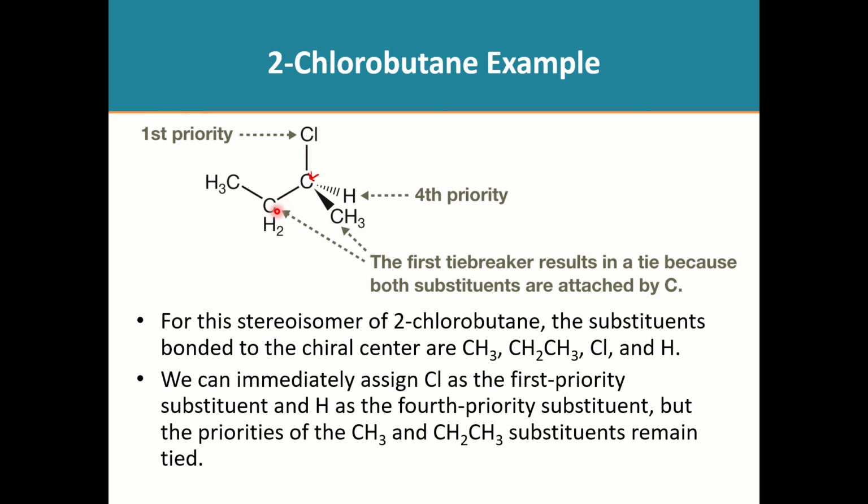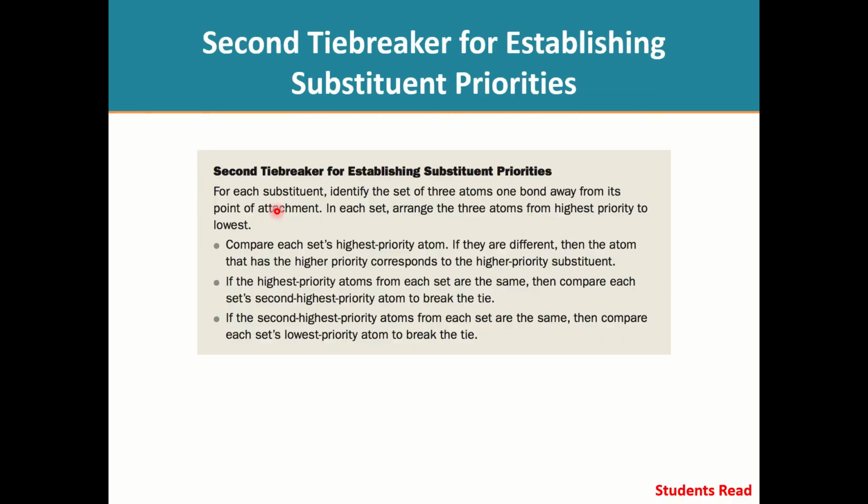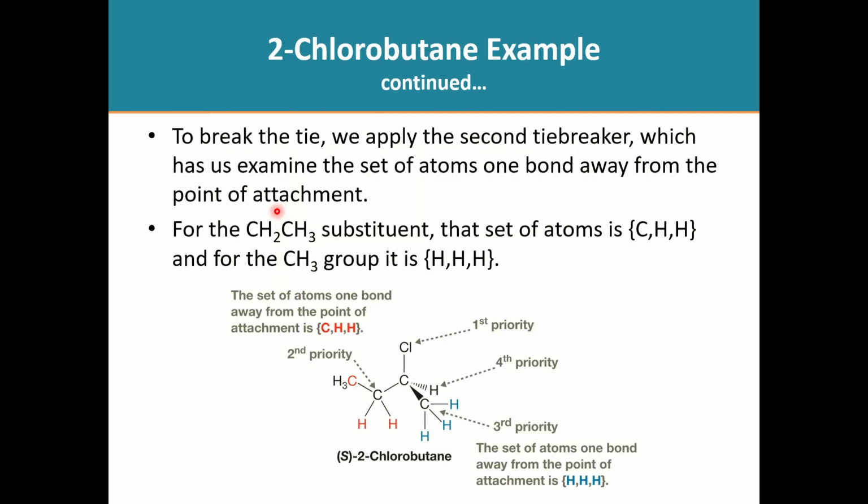They're both carbons. So we have another trick to help us break ties. There's going to be a tiebreaker. And here's the rules. It's just easier and better, I feel, just to show you how to do it. Okay? So here's the molecule again. So we've already assigned the highest and the lowest priority.